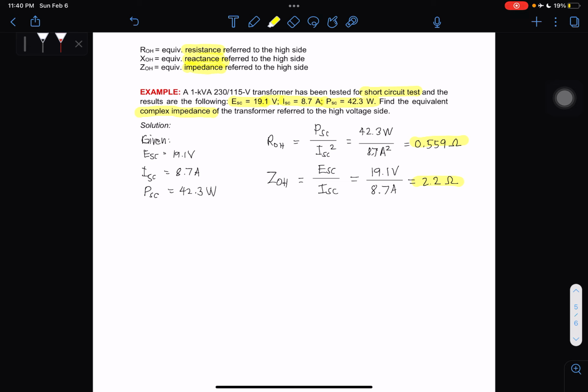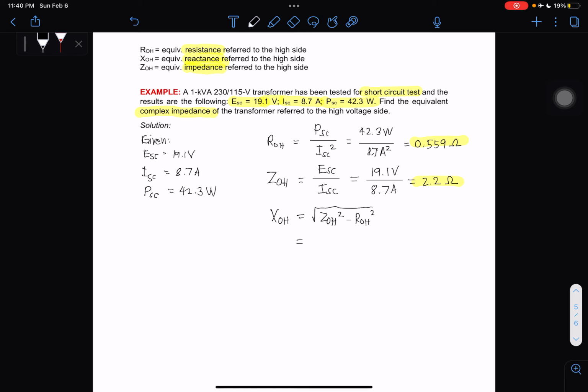To solve for the equivalent reactance XOH, the formula is the square root of ZOH squared minus ROH squared.